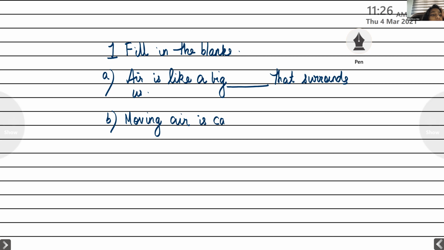Moving air is called wind. Air is cold. Somebody's audio is not muted.